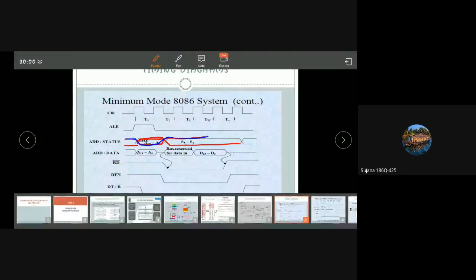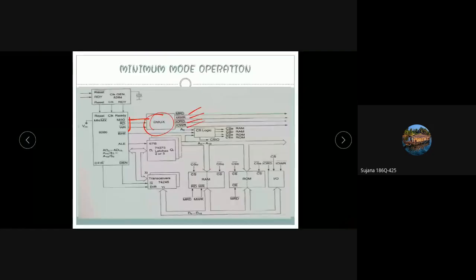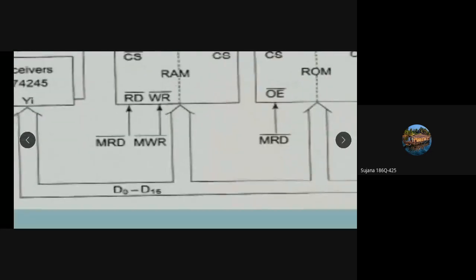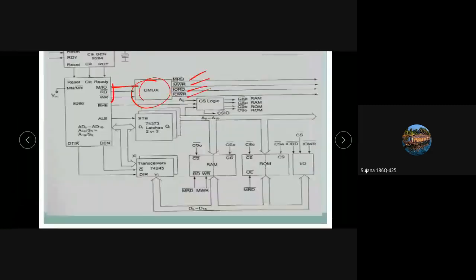It will simply take the data from these address data lines. So the data will be transferred to this transceiver, and this transceiver will provide the data to the memory and input output devices.